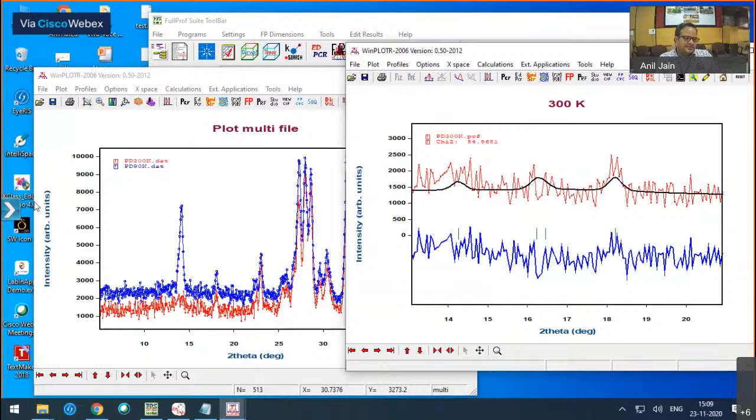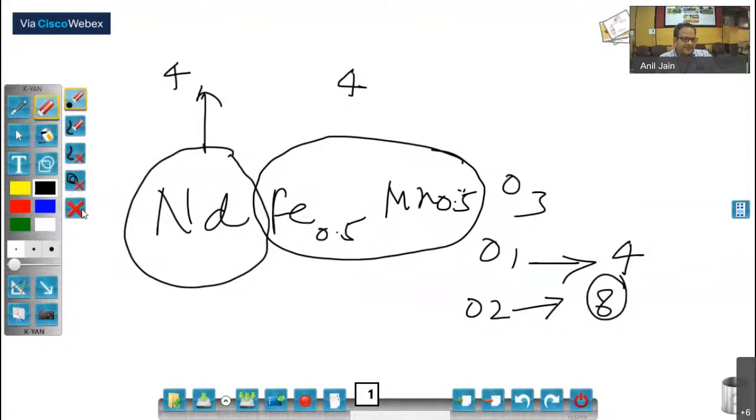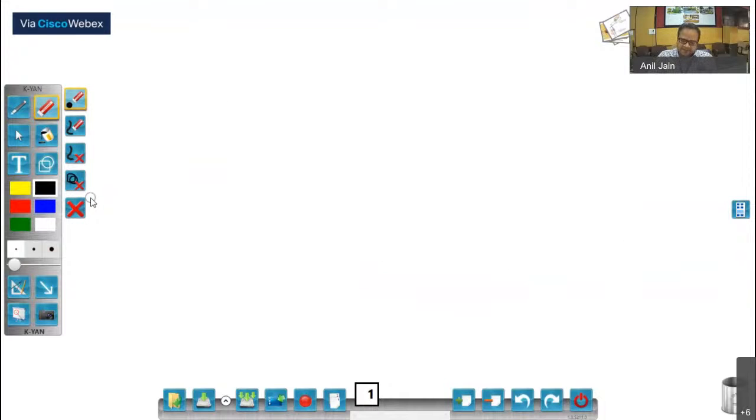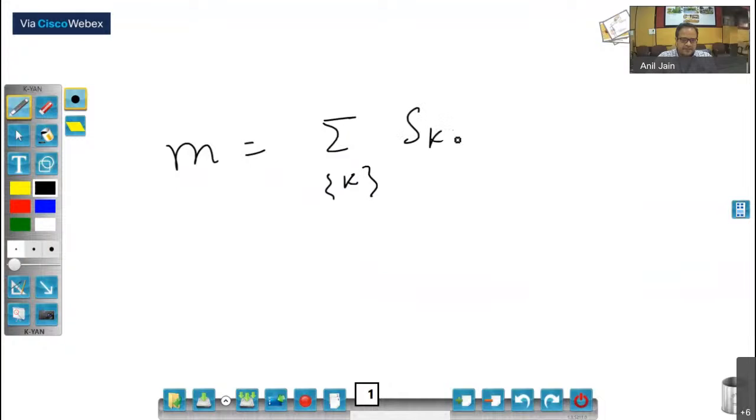And you know, this magnetic moment, as I defined in the last lecture, is given by the magnetic moment M is given by the sum over k of S_kj exponential of 2 pi i q dot r.